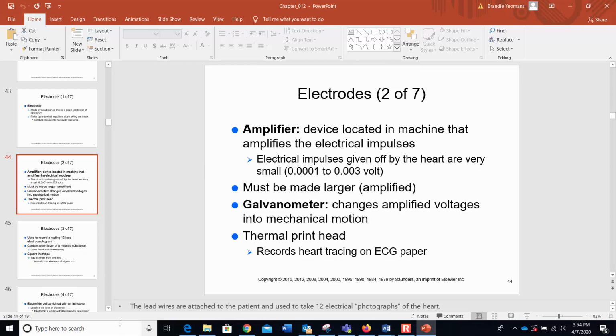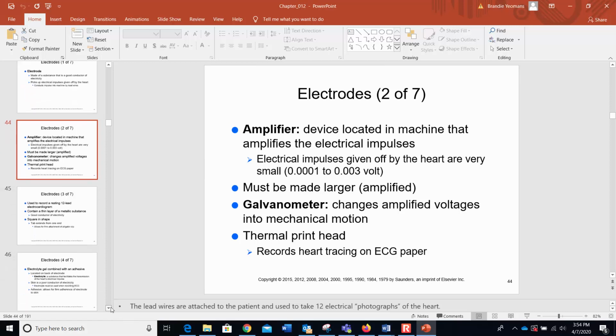So we can see large and small. Sometimes we have to make them bigger, and that's where we change the voltage by adjusting the galvanometer. This is what's going to give us the better picture.